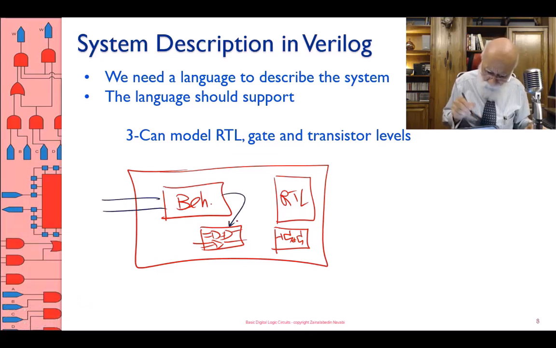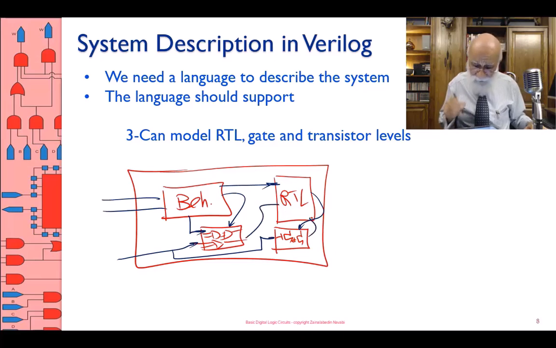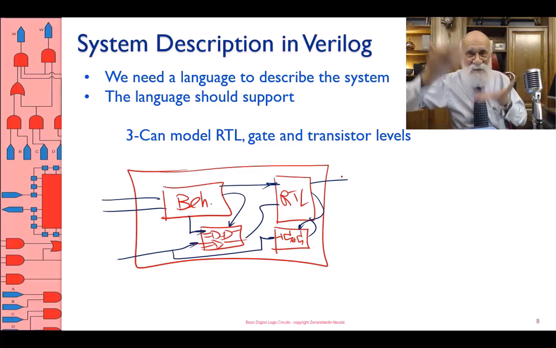This output goes to this input, this output goes to this input, maybe an input comes into the gates, maybe an input goes here. Verilog allows you to describe this: a multi-level description.